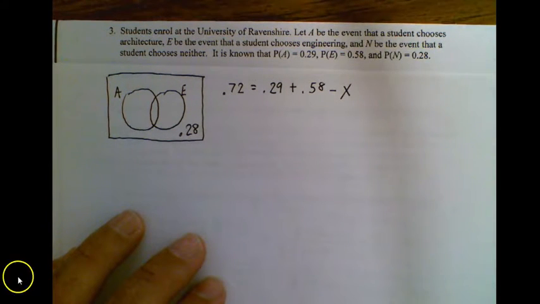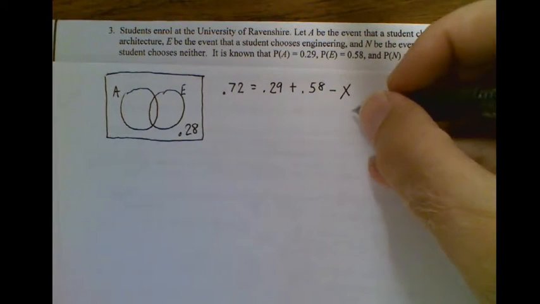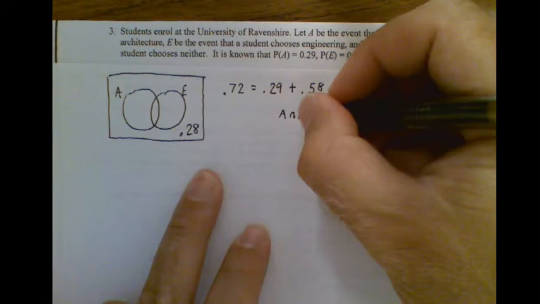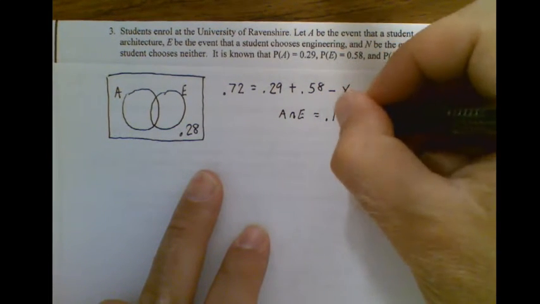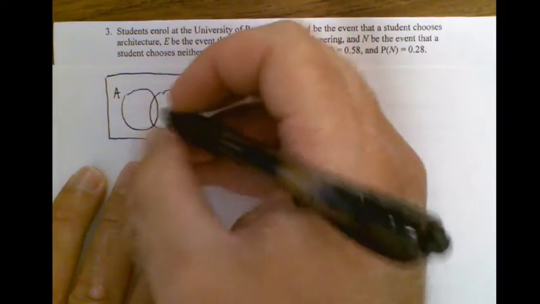If we do the math on that, we are left with 15% representing A and E. So I'll just write that out: A and E we now know is 15%. If we start filling out the diagram with the information that we know, A and E represents that 15% in the center.